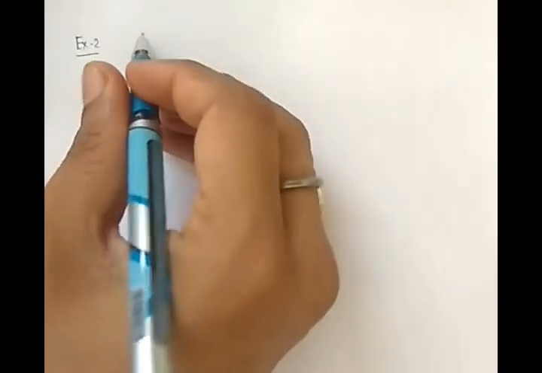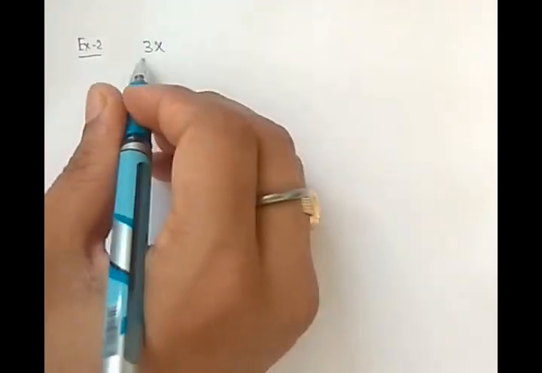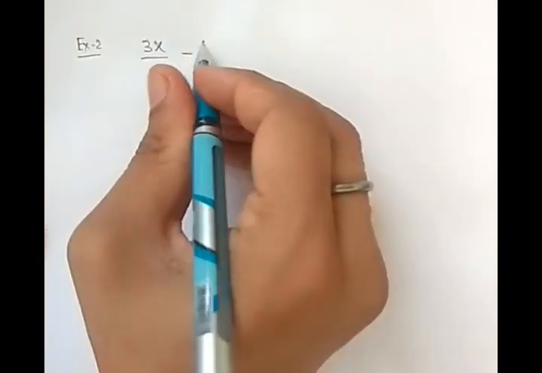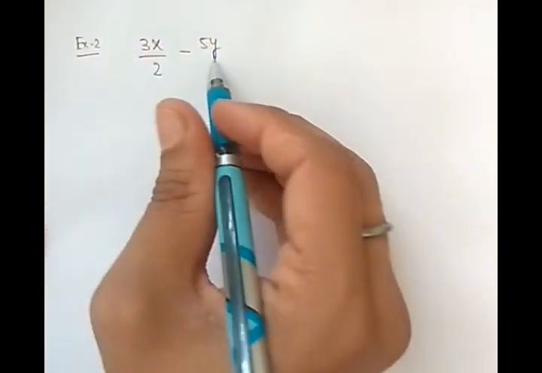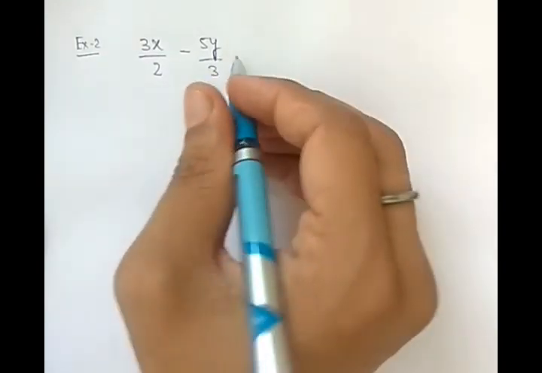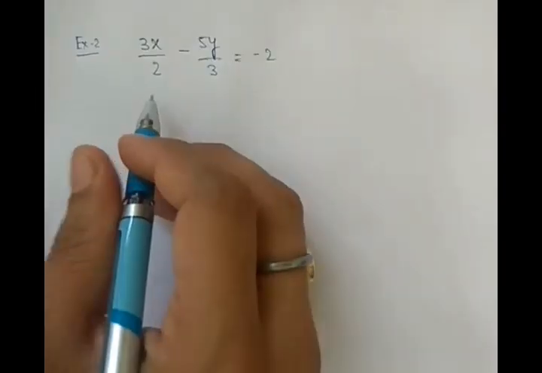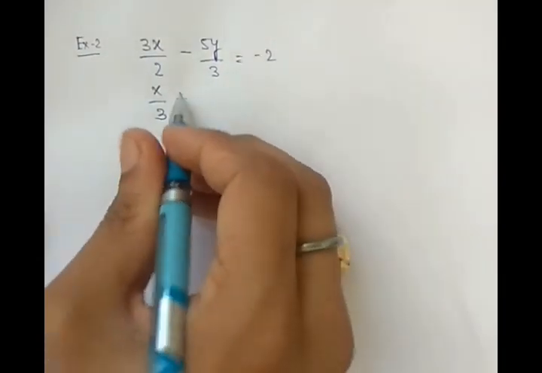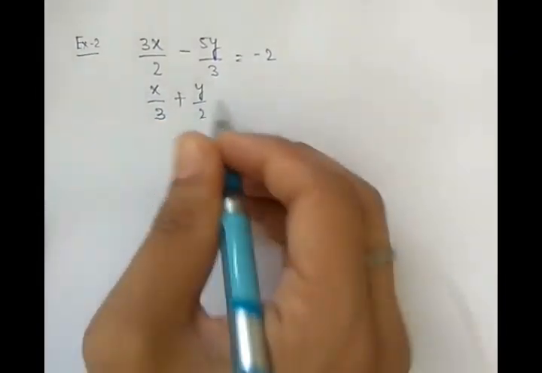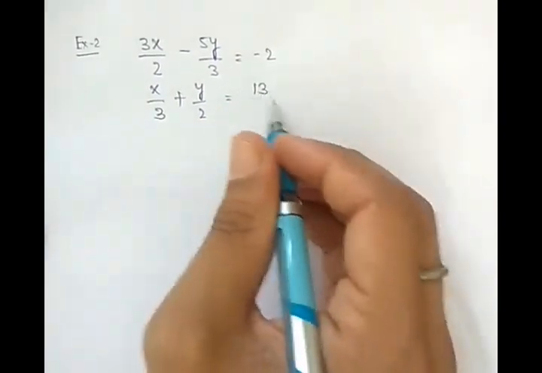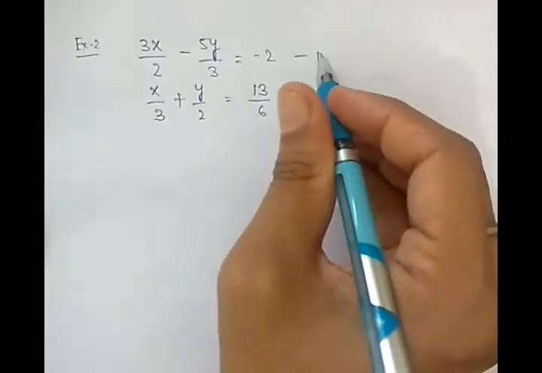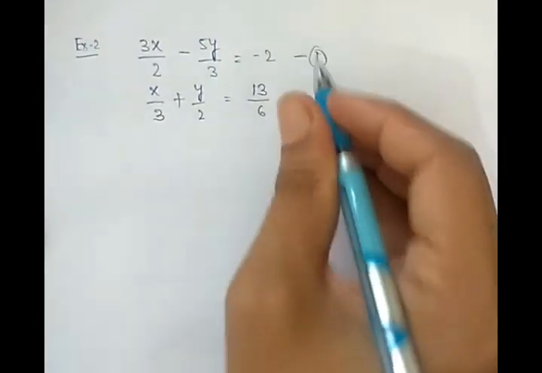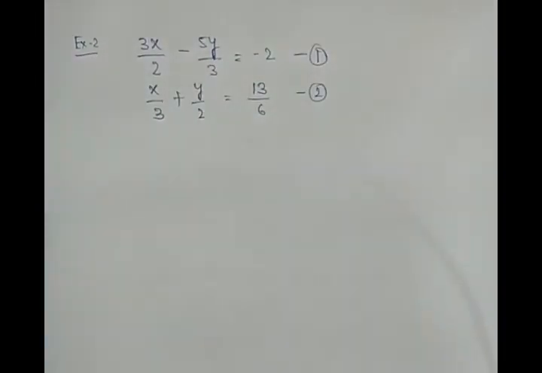Example number 2. Equation number 1 is given as 3x by 2 minus 5y over 3 is equal to minus 2, and the second equation is x by 3 plus y by 2 is equal to 13 by 6. Equation number 1 and equation number 2.